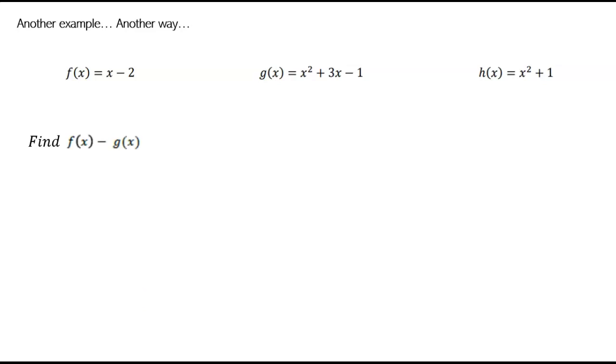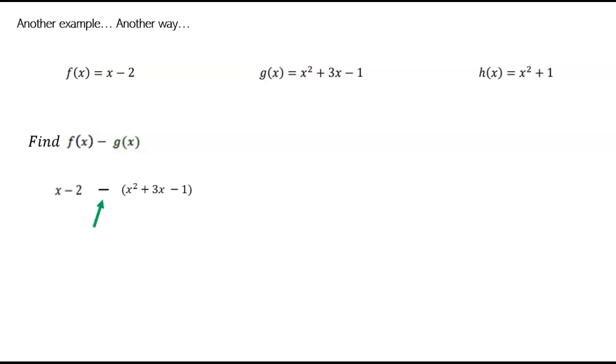Take the minuend x minus 2 and subtract g of x, the subtrahend, which is x squared plus 3x minus 1. You can line them up horizontally like so, and notice I place the subtrahend in parentheses.